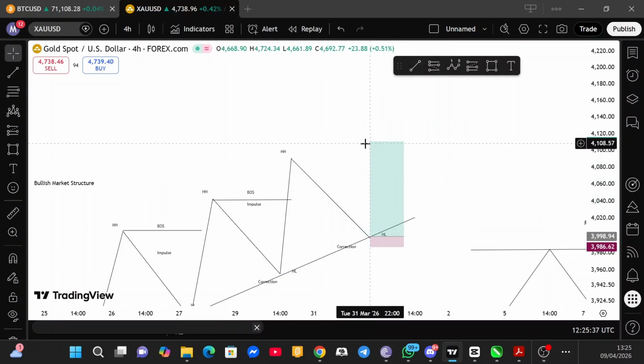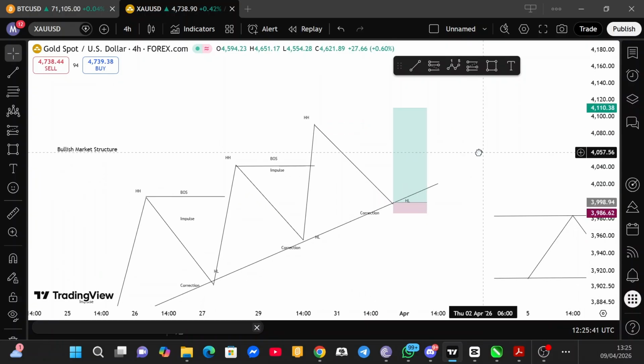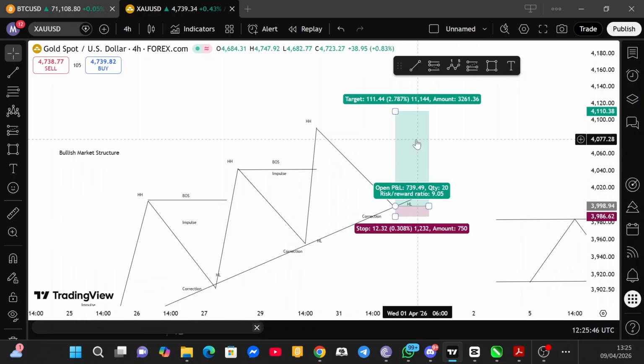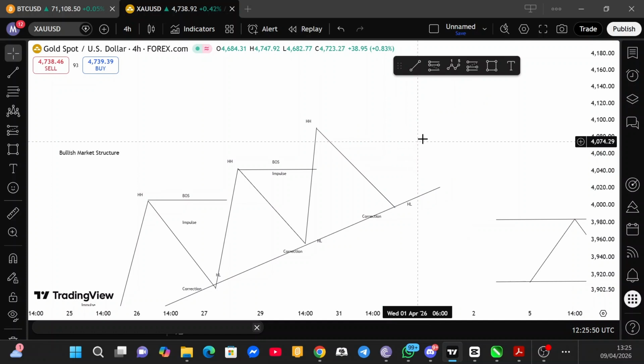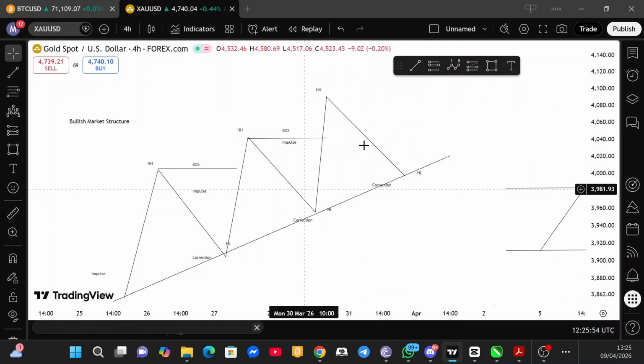So you see, that can be an entry model, but to be on the safe side, there are many other things that can be considered before entering. We have not gotten to the point of showing you how to enter yet. The best point to enter in this bullish market, if I'm looking for a buy position, a long position, is this point.